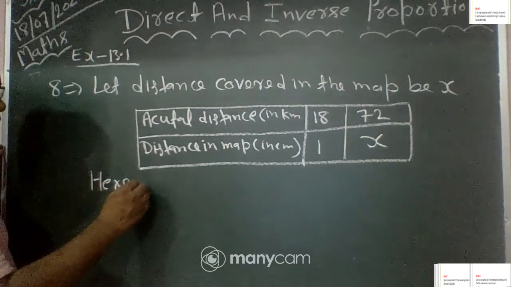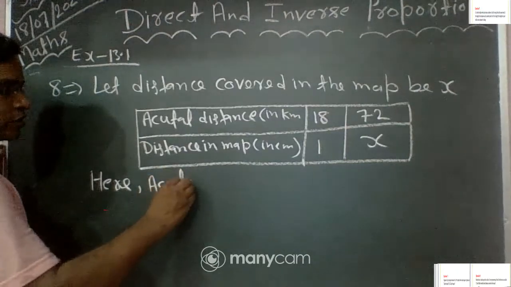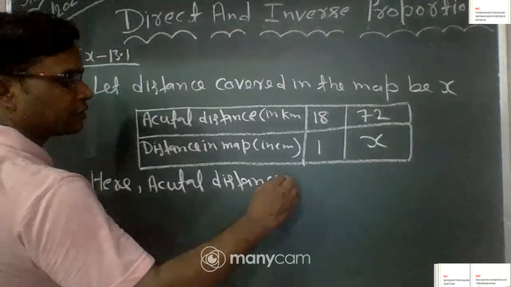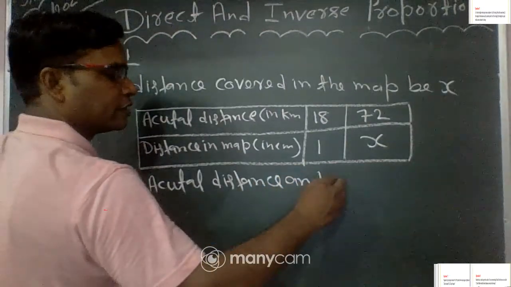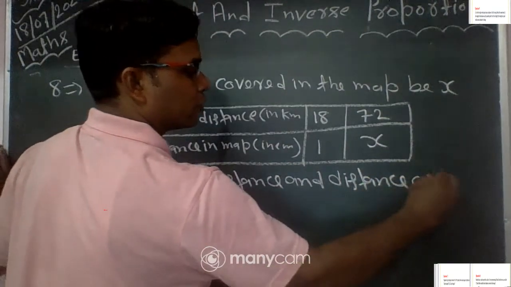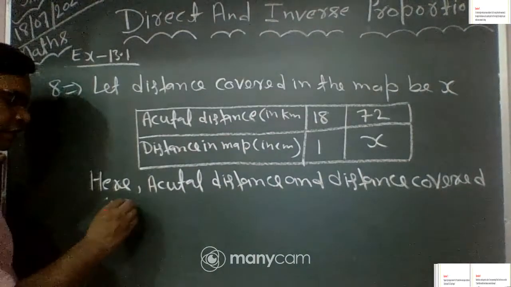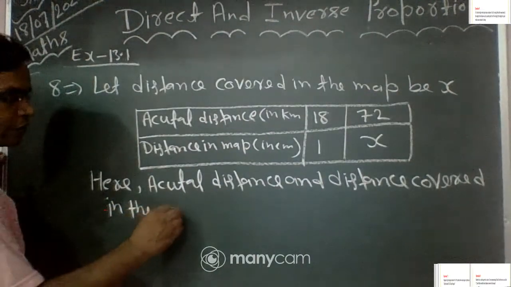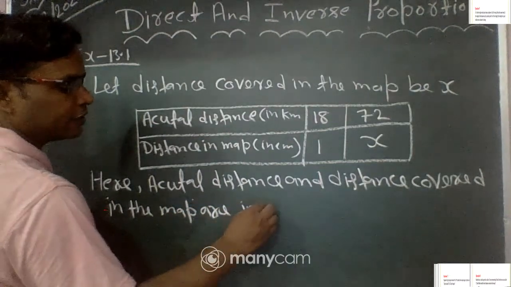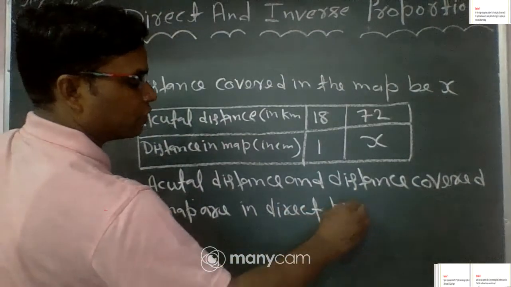Okay, so you can write it here: the actual distance and distance covered in the map are in direct proportion.